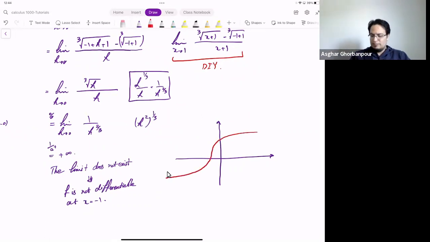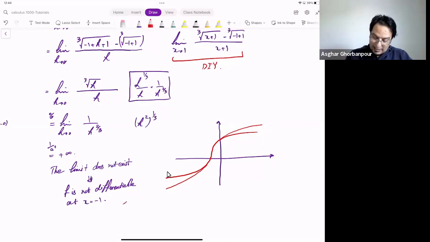it should be a little bit like that. This function actually has a tangent line at x equal to -1.